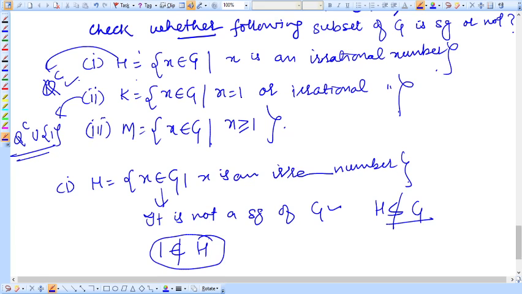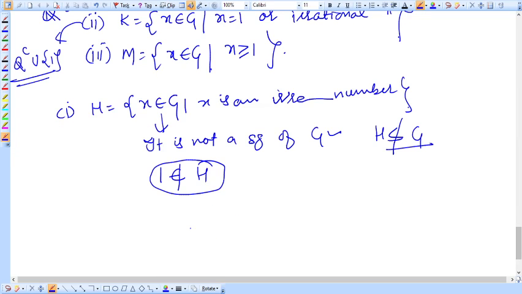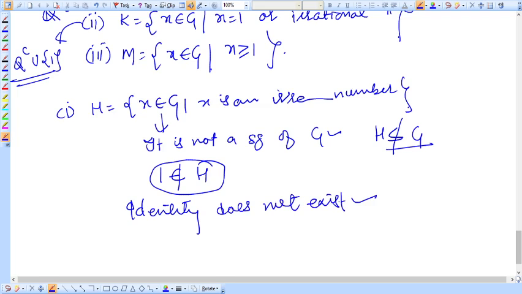This property is not satisfied by this group, hence you can write identity does not exist. Therefore H is not a subgroup of G.